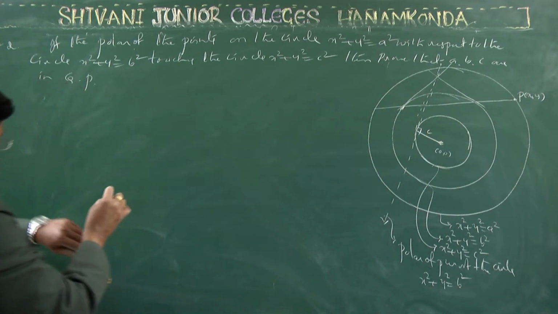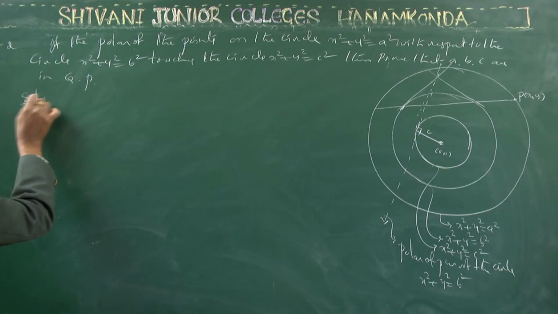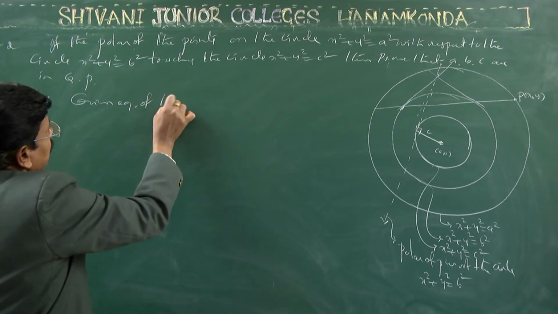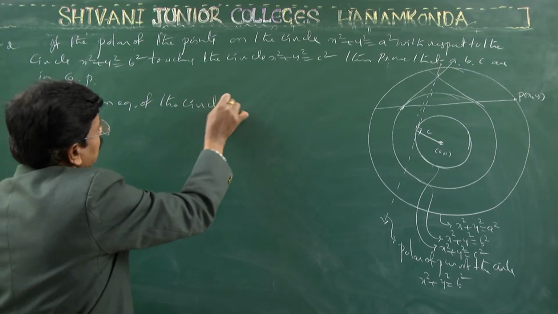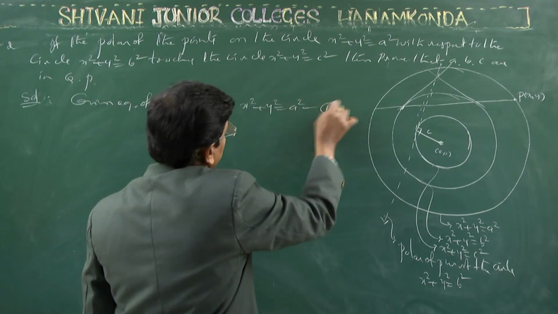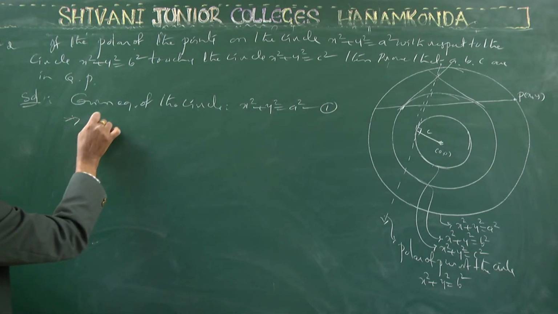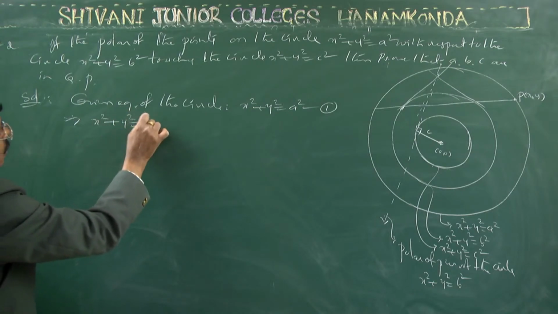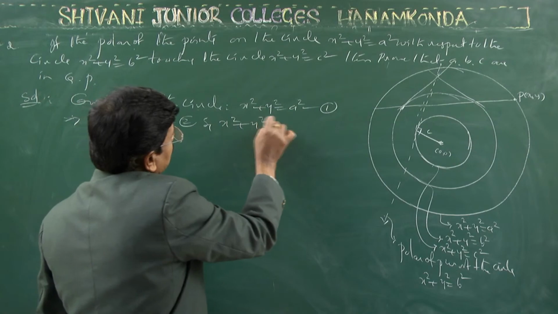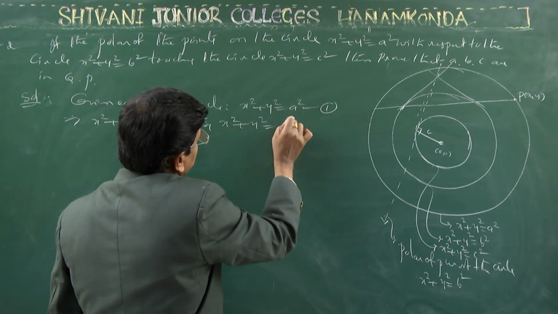You know the diagram. You have the given equations of the circles. The first one is x square plus y square is equal to a square. The second one is x square plus y square is equal to b square. And the third one is x square plus y square is equal to c square.